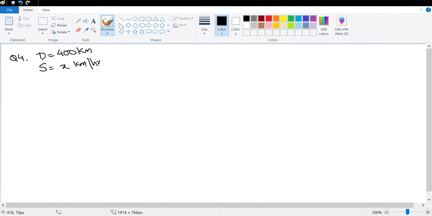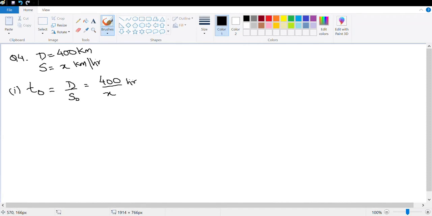Perfect. On the return journey, the speed was increased by 40 km per hour. Write down an expression for the time taken for the onward journey. Perfect. So time for the onward journey will be distance upon speed for the onward journey, which is 400 upon x hour. Done.